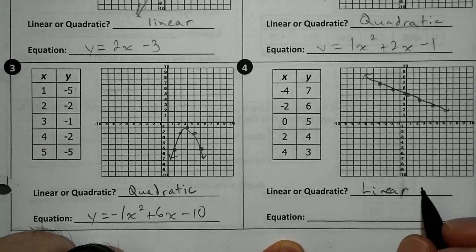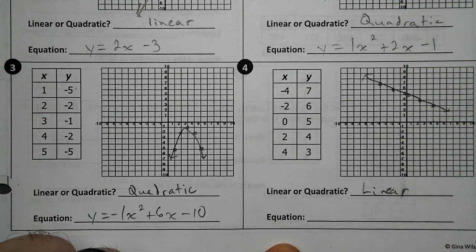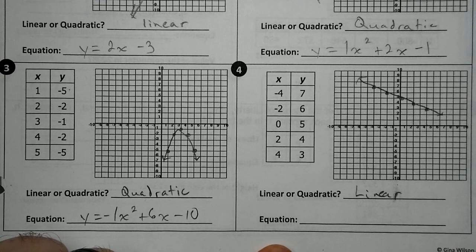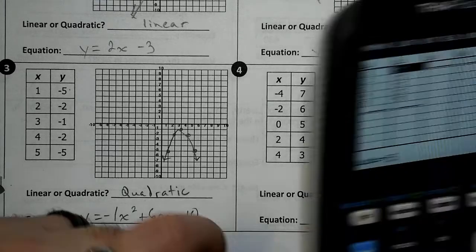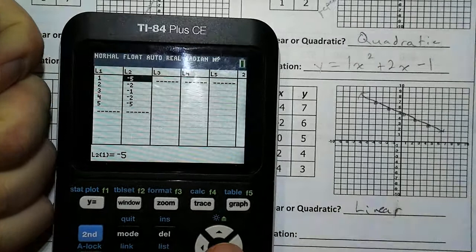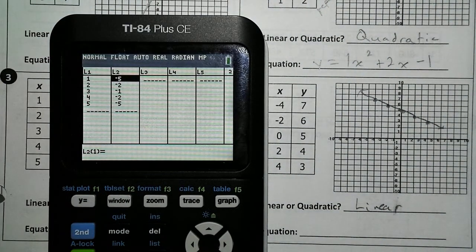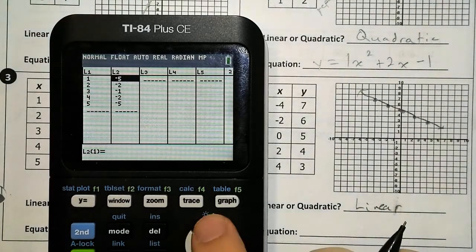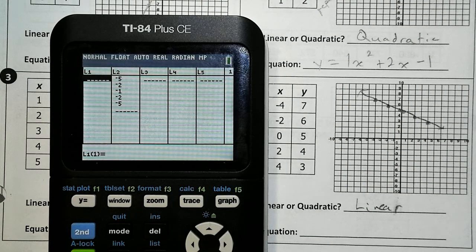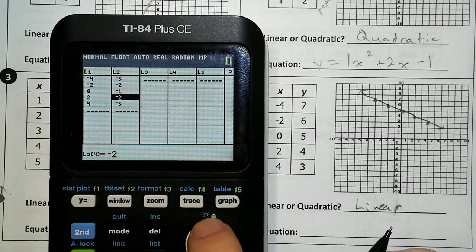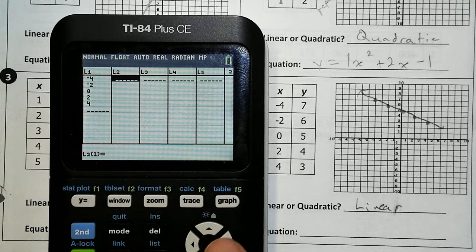Now all we need is our equation. So, stat, edit, we're going to type in our L1s and L2s here. So we've got -4, -2, 0, 2, and 4 for L1s, and 7, 6, 5, 4, and 3 for L2s.